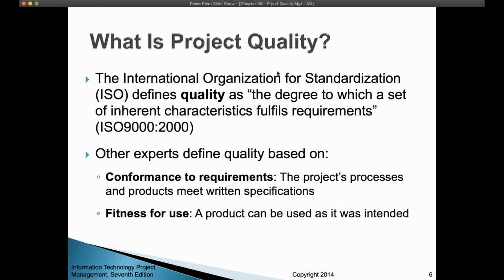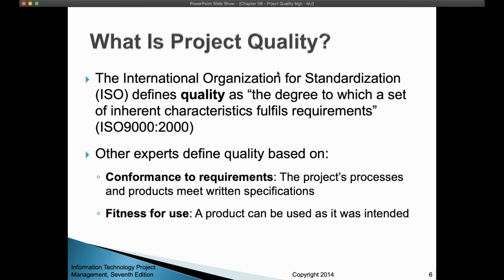The International Organization for Standardization, the ISO, I think you hear this all the time, or you read it on many of the products that you buy daily, even the milk or the grocery that you buy. In many of these products you will find an ISO 9000, 9001, and so on.